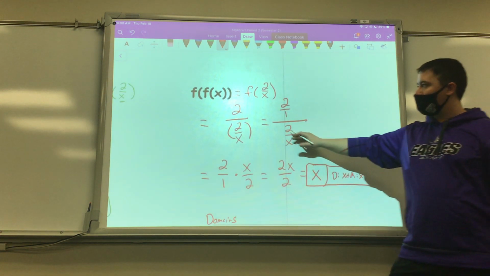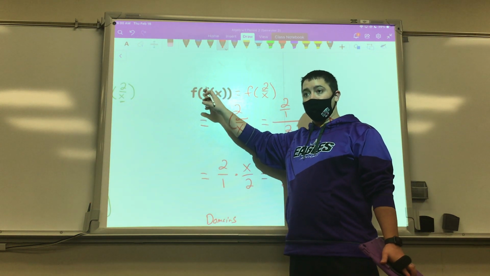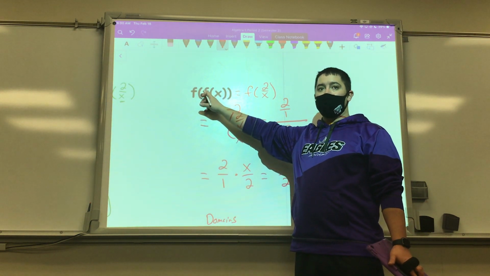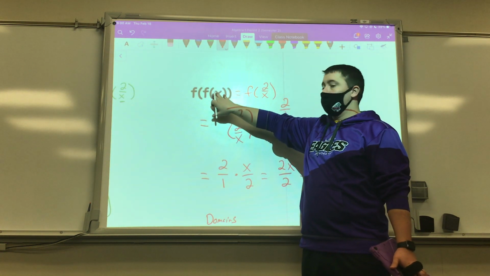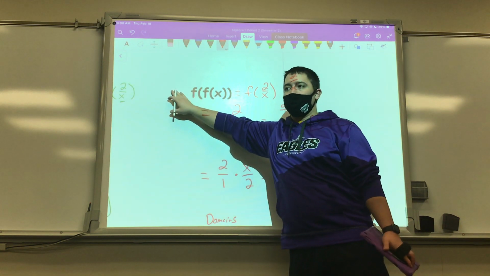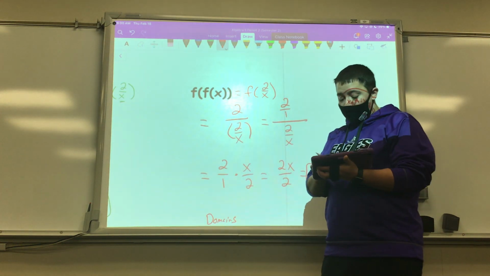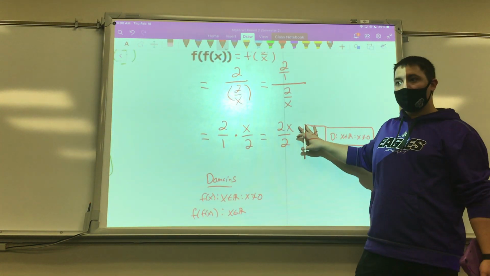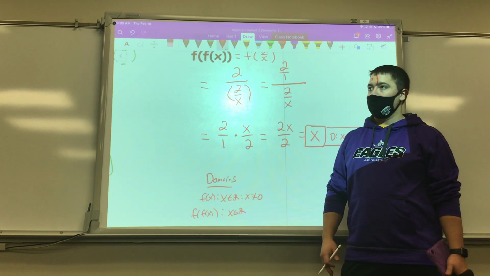You have to look at your input, whatever's inside the parentheses, because if there's a restriction there, like f of x, I couldn't plug in 0. So 0 will never be able to get plugged in. And then the result, if that restricts it further, then you can't plug that in as well.